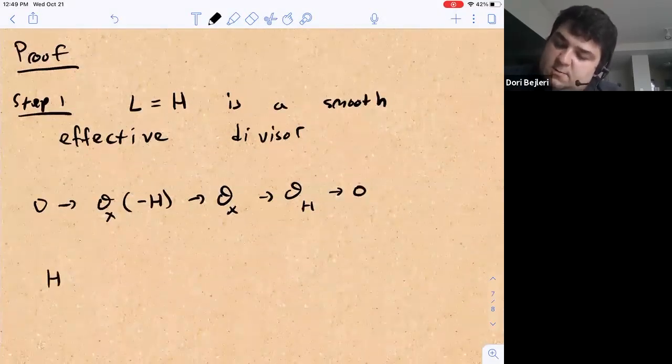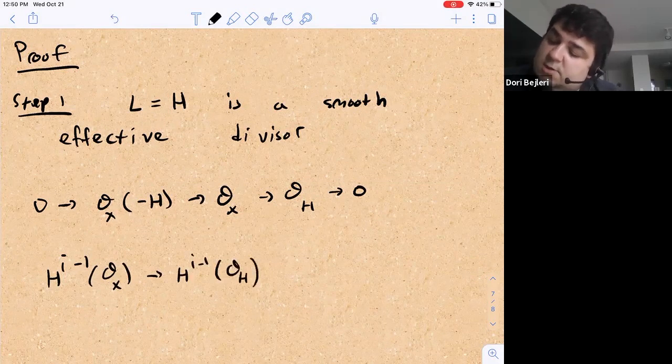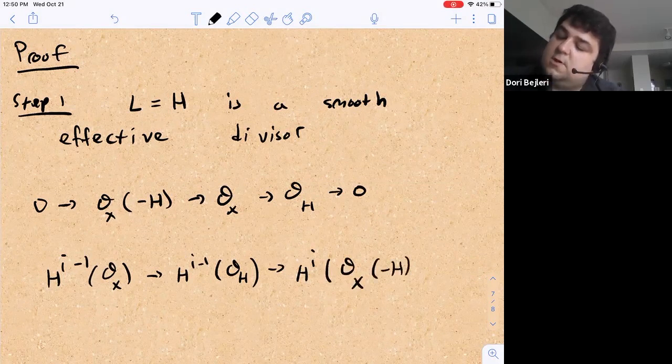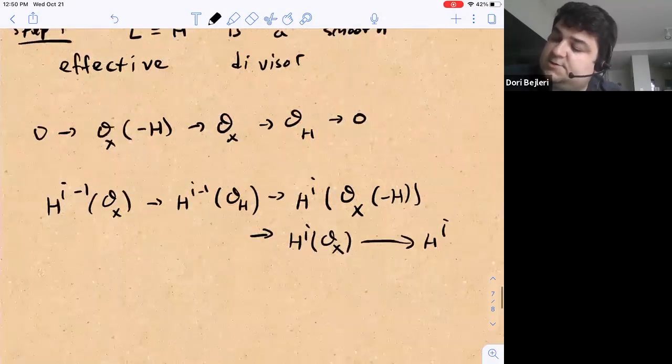What do we get? We get H^{i-1}(O_X) maps to H^{i-1}(O_H) maps to H^i of the thing we want to show is 0 in that range, goes to H^i(O_X) and goes to H^i(O_H).